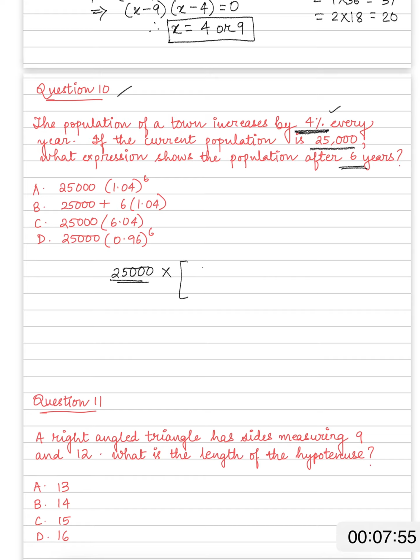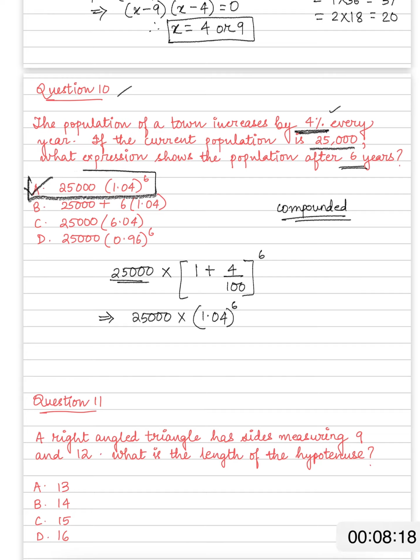It will get multiplied by 1 plus 4 by 100 whole to the power 6 because it is compounded, just like your compound interest. So this gives us 25,000 into 1.04 whole to the power 6. This is our answer. Option A will be the right choice for this question.